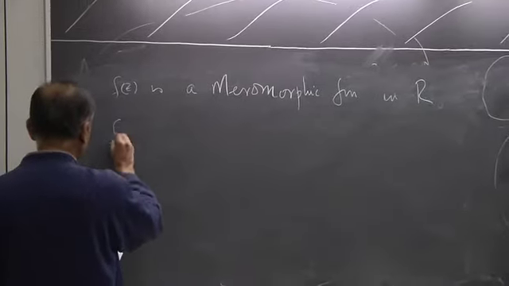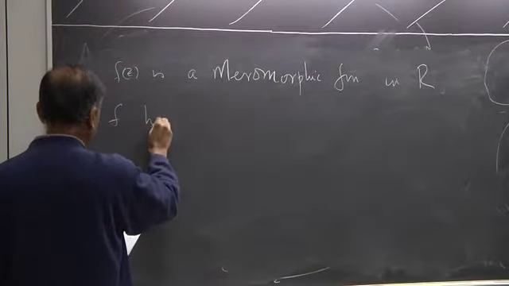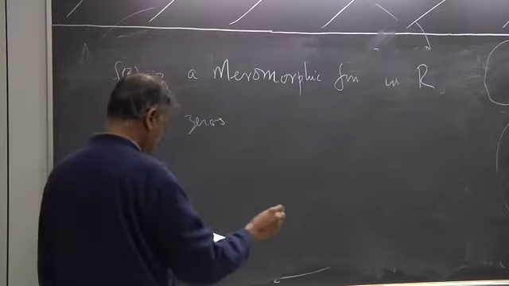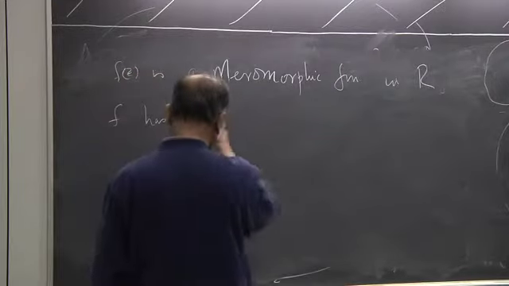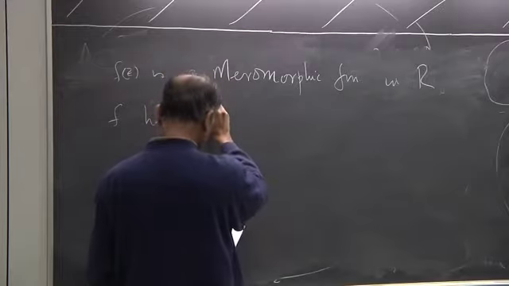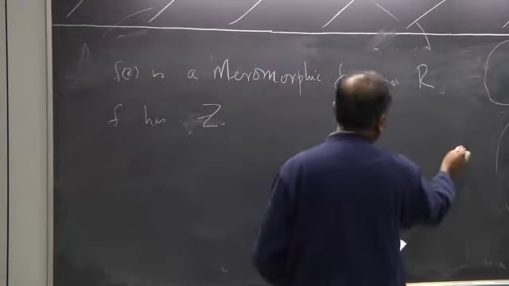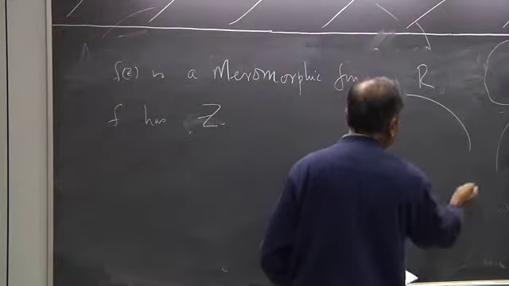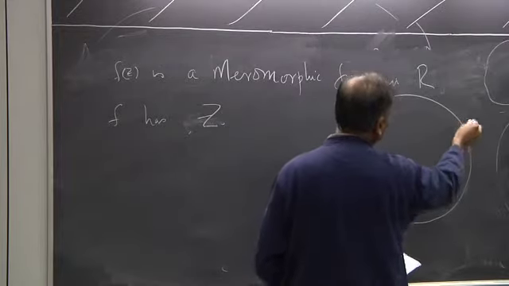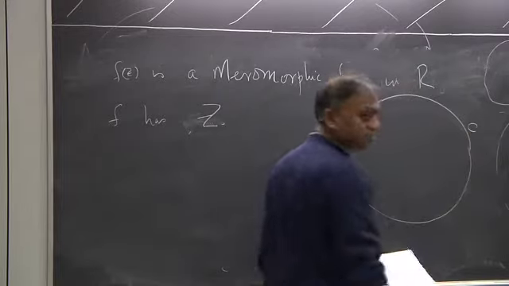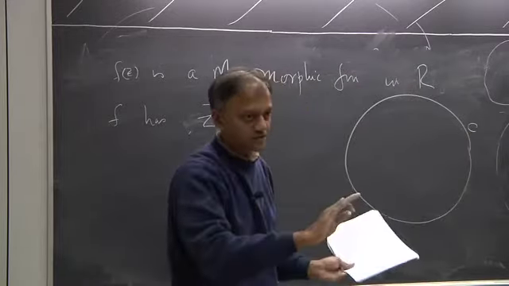Let's suppose this f has zeros. This is my region R, and I choose some contour C, which is inside the region, of course.